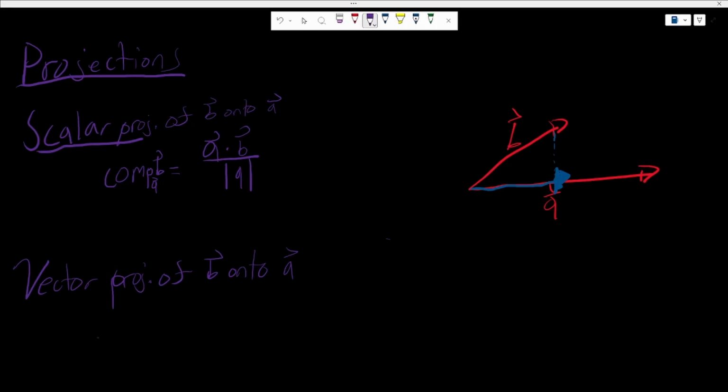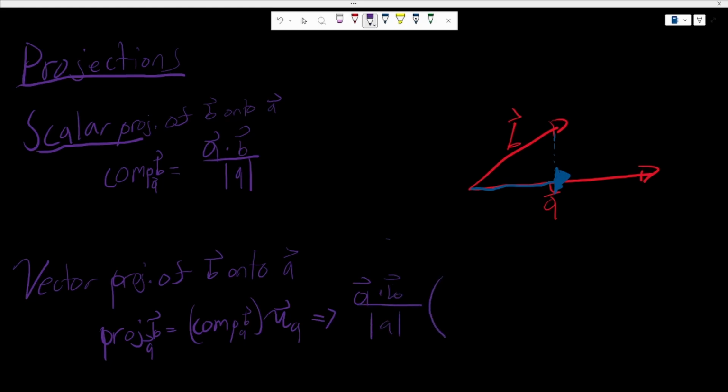Our vector projection of B onto A can be written as proj B onto A, which is equal to the scalar projection, comp B A, times the unit vector of A. If we write that down to see everything, we'll have the dot product of A and B over the magnitude of A, times vector A over the magnitude of A.